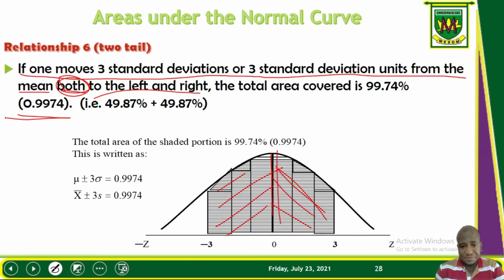And in percentage, it means 99.74%. Let's take note. I said you will not see the percentage on the summarized table, but when we are doing the applications, we will be converting them to percentage. We have to multiply by 100 to get it in percentage.